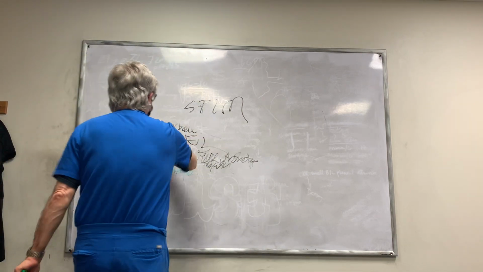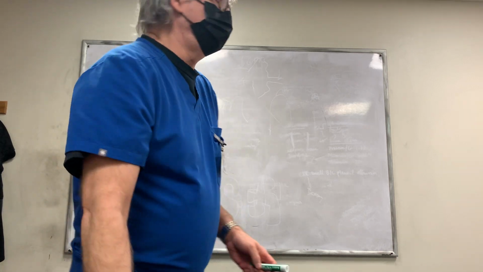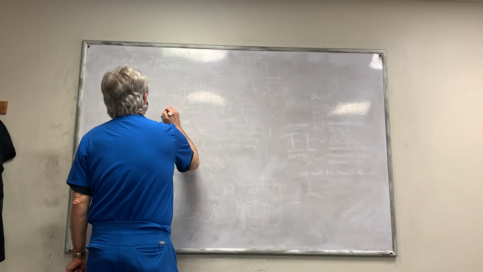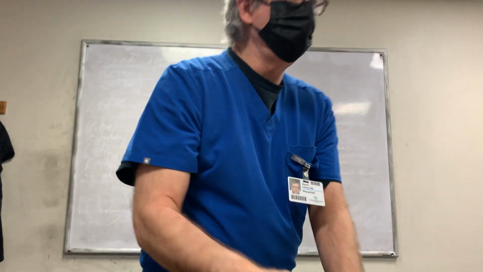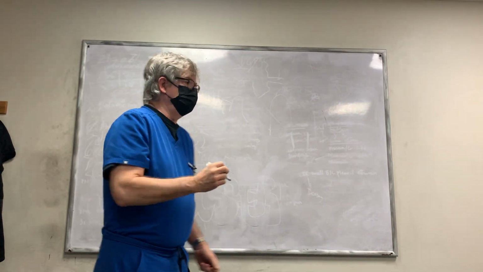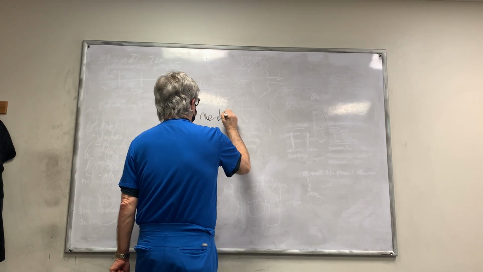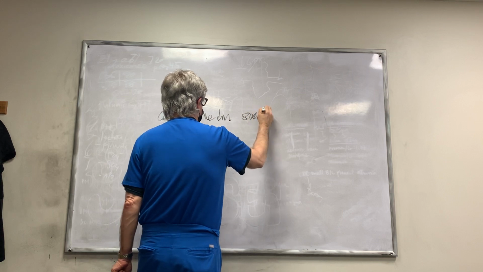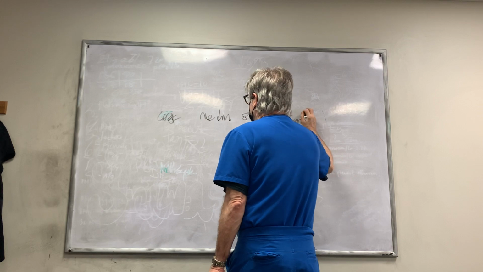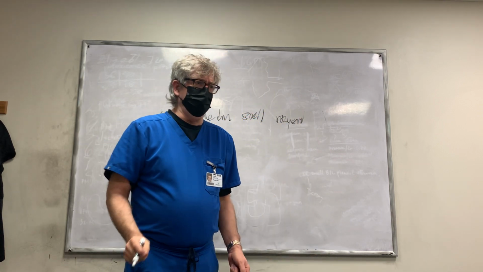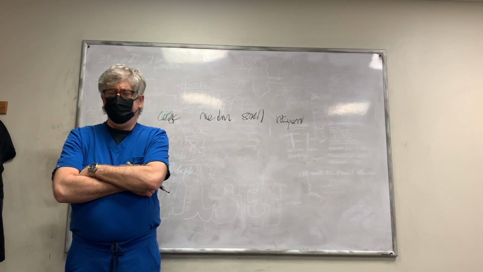So the next thing, you want to classify vasculitides. So basically, you have large vessel, medium-sized vessel, small vessel, and very small vessel. The large vessel vasculitides involve the aorta or its branches.